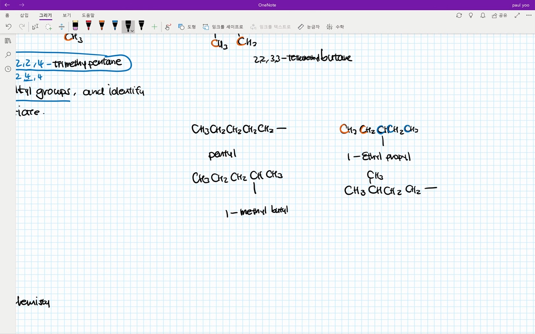This is going to be considered 3-methylbutyl group, because we always have to assign the first carbon attached to the R group. So the methyl group is attached to the third carbon.